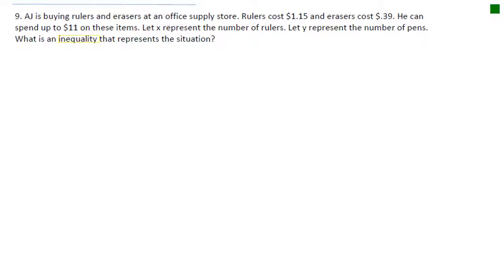So all we're doing for this is we're going to write an inequality. We don't need to solve it. We're just going to write an inequality with X representing the number of rulers and Y representing the number of pens. So we know that one ruler costs $1.15.